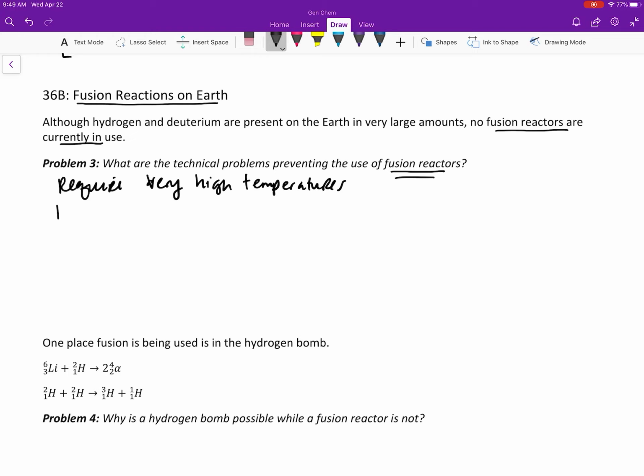The second one is that they require very high pressures. One thing that is true about the stars in this universe is that they are ignited.